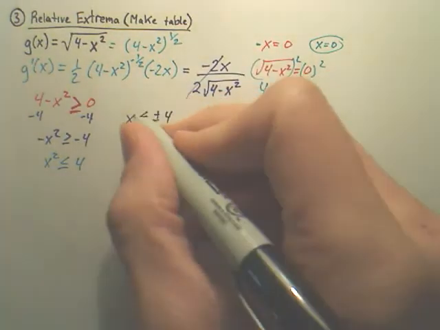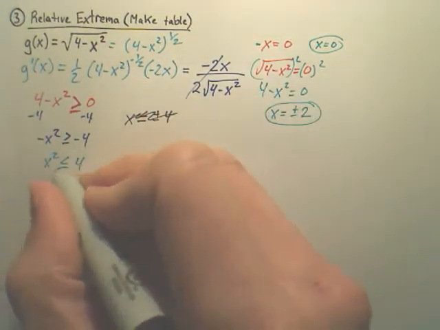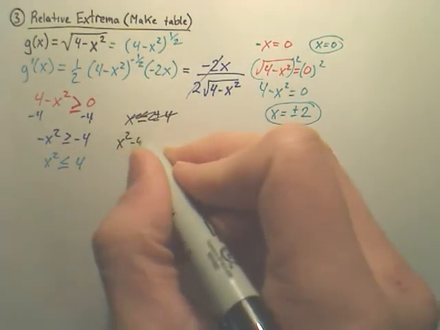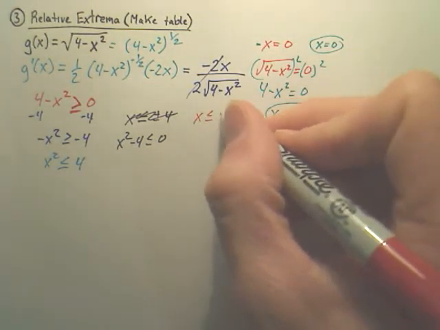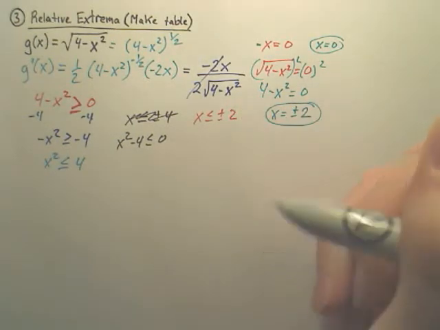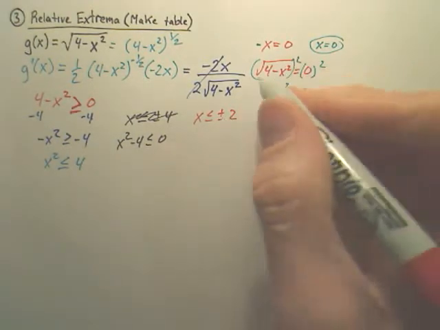But let's do something different here. Let's move this over. X squared minus 4. You guys okay with that? But it's still the same thing. X has to be less than or equal to positive or negative 2, which doesn't make sense. I messed something up here.